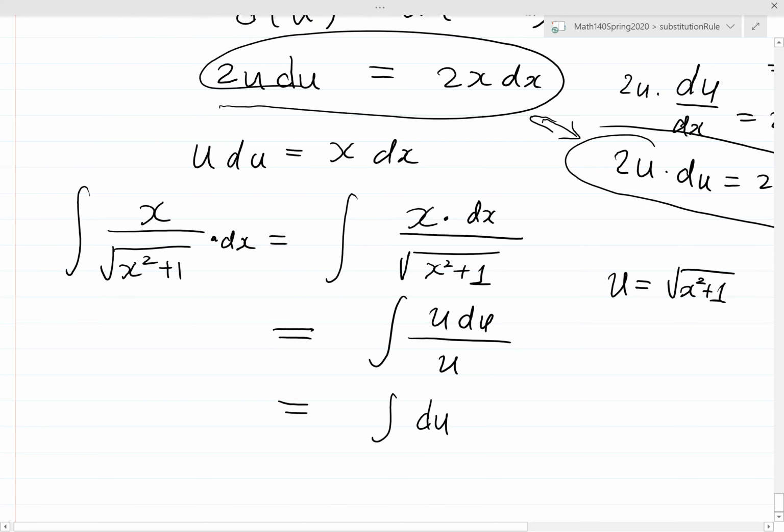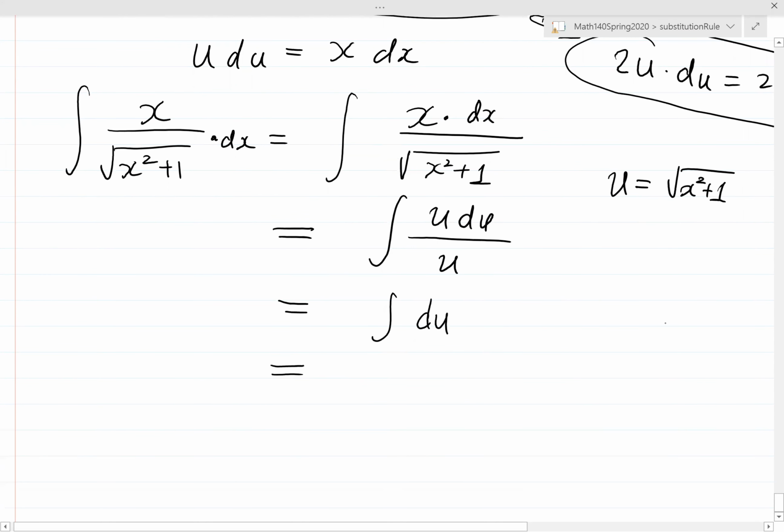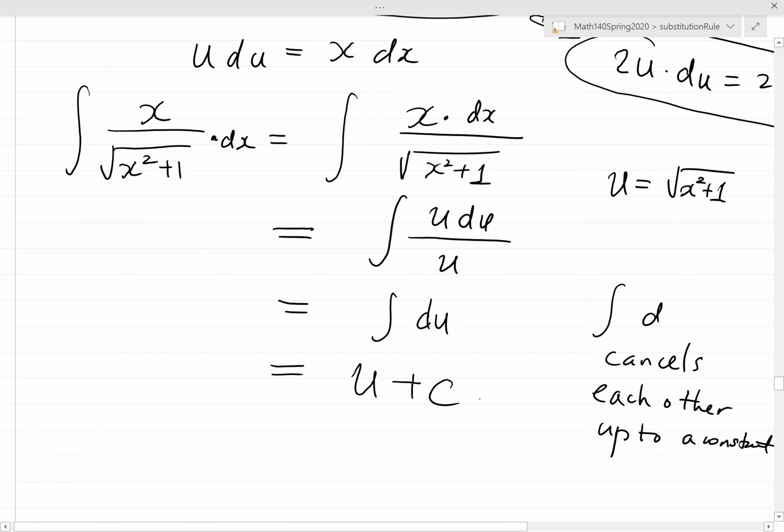Now remember, the integral sign and d cancel each other, up to a constant c. So the remaining thing is u plus c. What is u?